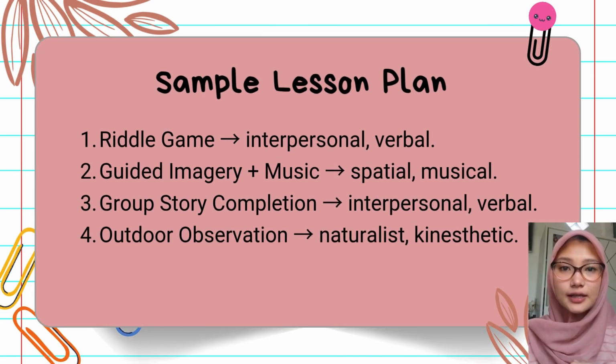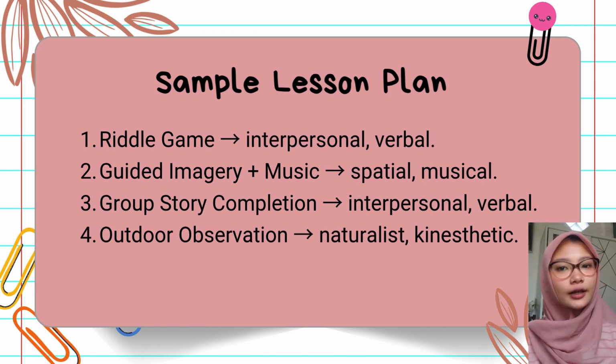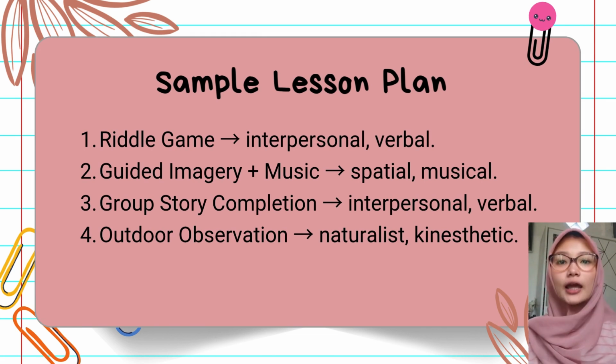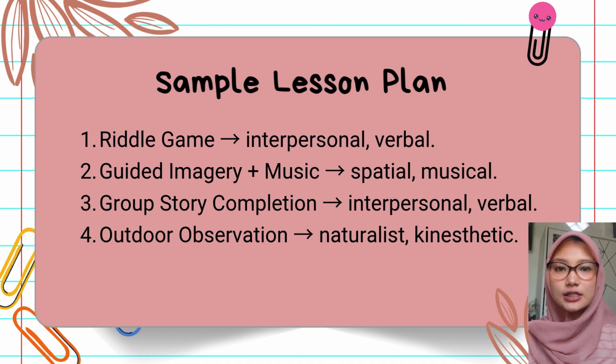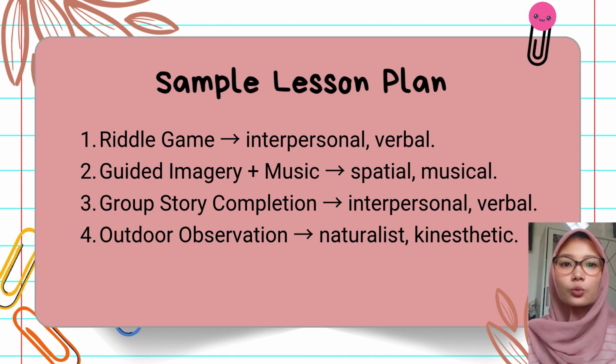Here we have some examples of lesson plan activities based on multiple intelligence. The first one is a riddle game, which helps develop interpersonal and verbal intelligence because students communicate and use language creatively. The second is guess the image with music, which connects to spatial and musical intelligence.